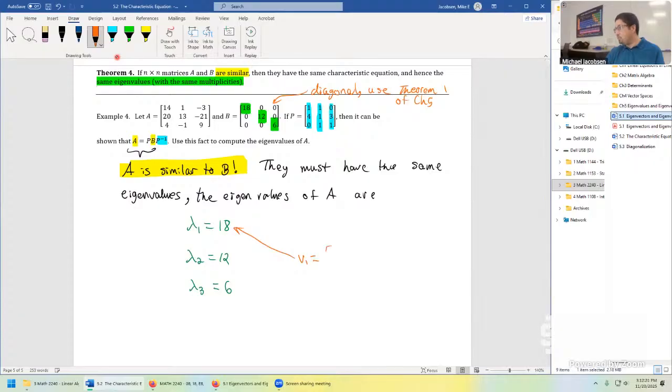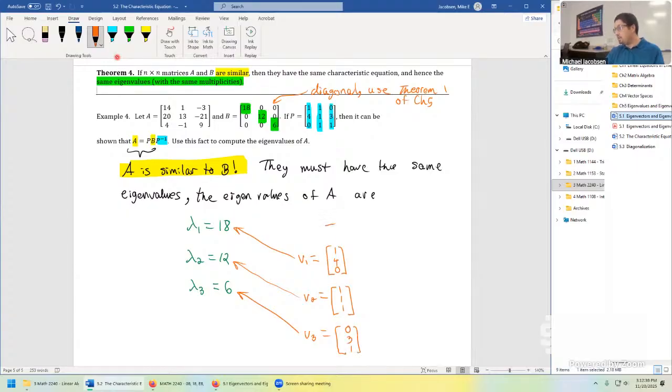V1 equals 1, 4, 0. V2 equals 1, 1, 1. These are all coming from the matrix P. And V3 equals 0, 3, 1.